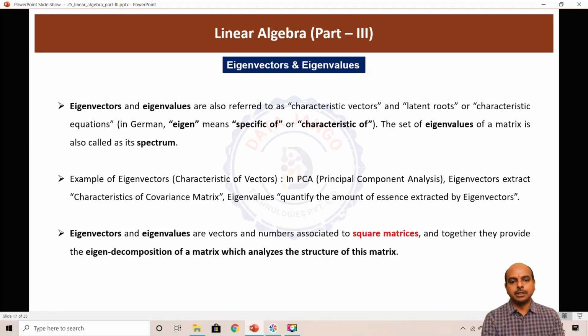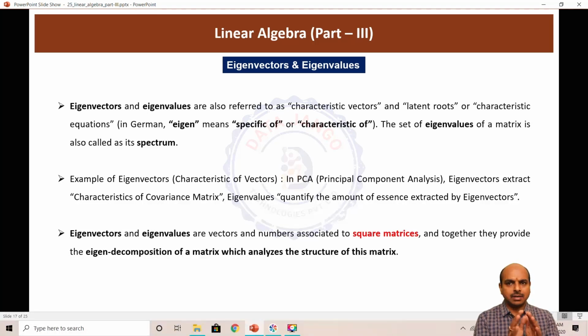Take principal component analysis as an example: we derive the covariance matrix and then decompose the covariance matrix into eigenvectors and eigenvalues, which is nothing but the covariance in the data we are trying to extract.